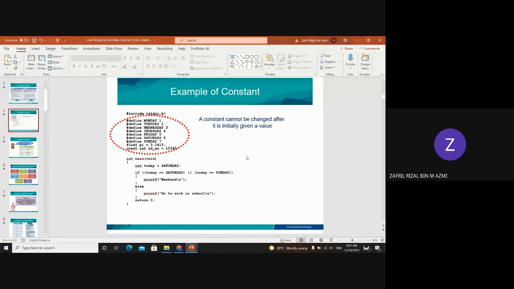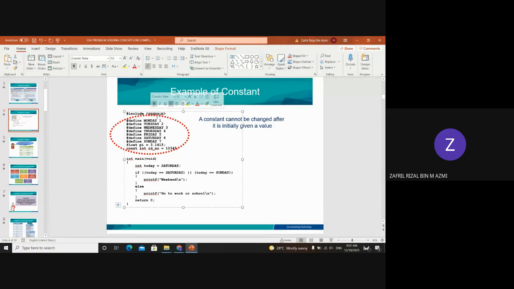Those who have learned programming, which one is a function? Any idea? Is there a function or not? There is a function. First you need to know that this is a library. This is a library specifically for C programming.